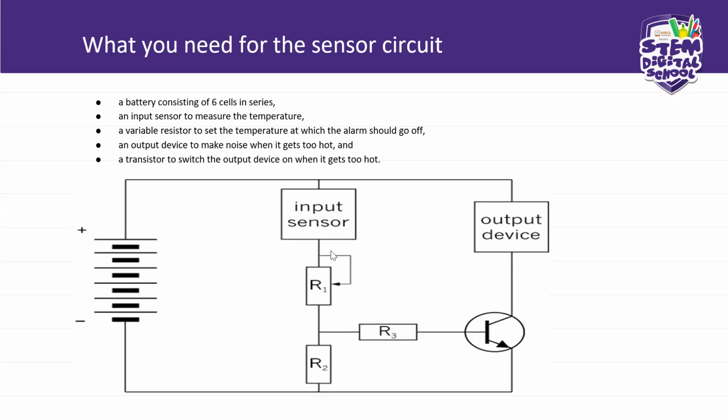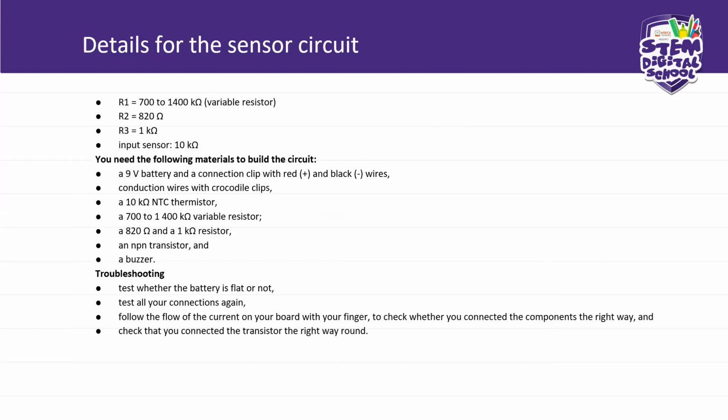Right. Now, the details for the sensor circuit, I told you that your teacher is going to give you this. The specifications of the sensor circuit we are given in grade 9. I think in FET, we have to work out the resistances of the different components. Now, the variable resistor, which is resistor number 1, it's 700 to 1,400 kilo ohm.